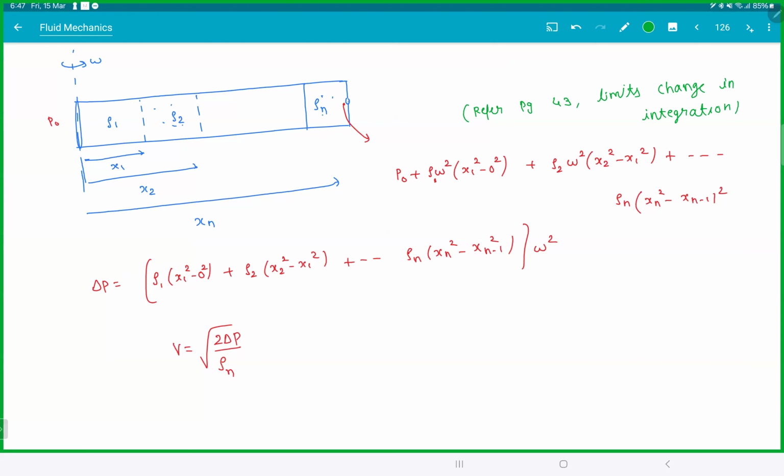Clear with this, everyone? You can't cancel, right? This is rho 1, rho 2, so terms don't get cancelled. Be careful. All clear with this?